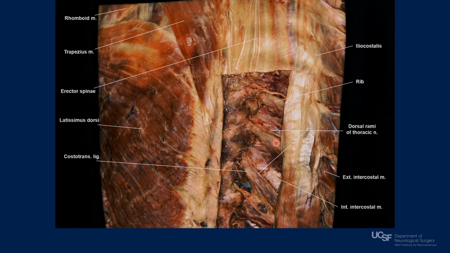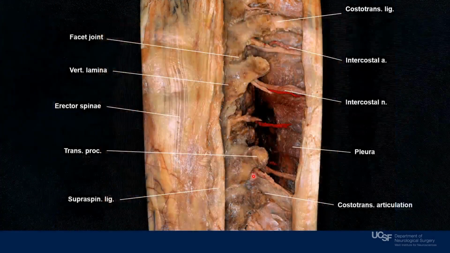In between these ribs we can observe the intercostal muscles, which help with respiratory function. We can again identify the costotransverse ligament as a ligament that lies just at the joint between the anterior portion of the transverse process and the posterior portion of the body of the rib.